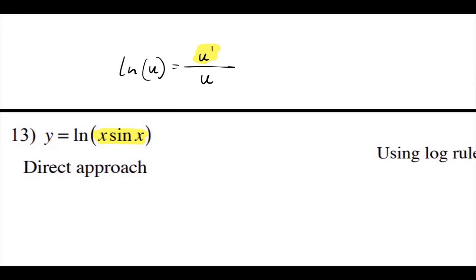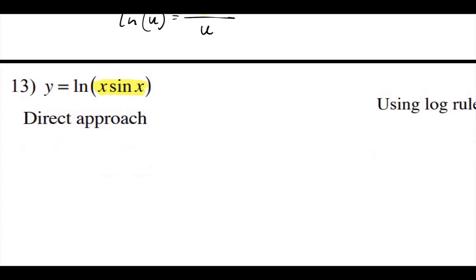Now, what the log rules say is, you don't have to do that. You can do it this way instead. Give this guy a natural log, and then plus give this guy a natural log. Since it's multiplication on the inside, you can do it that way.